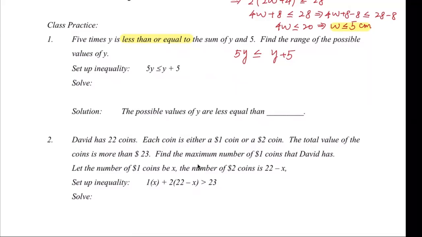So the inequality basically wrote itself, and we find the range of the possible values of y. So this is the inequality that we need to write. And now our job is to solve it. Okay. How to solve it?